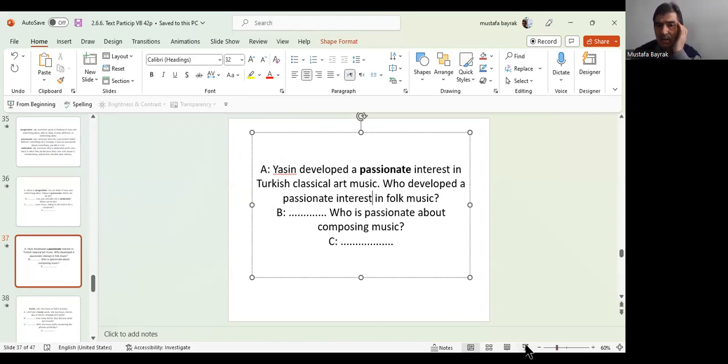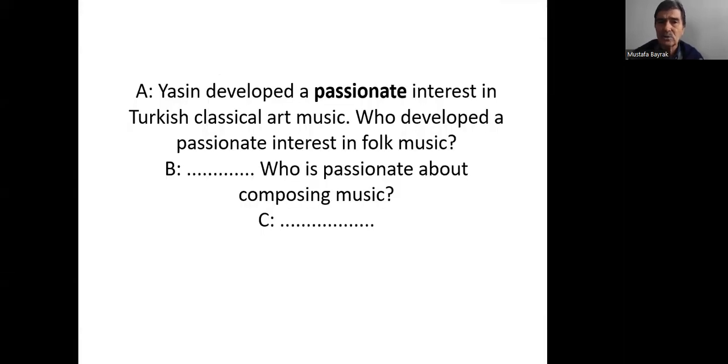Who is passionate about? Yes, we should know it. Passionate about, to be passionate about, to be interested in. Who is passionate about composing music? Yakup is passionate about composing music pieces.